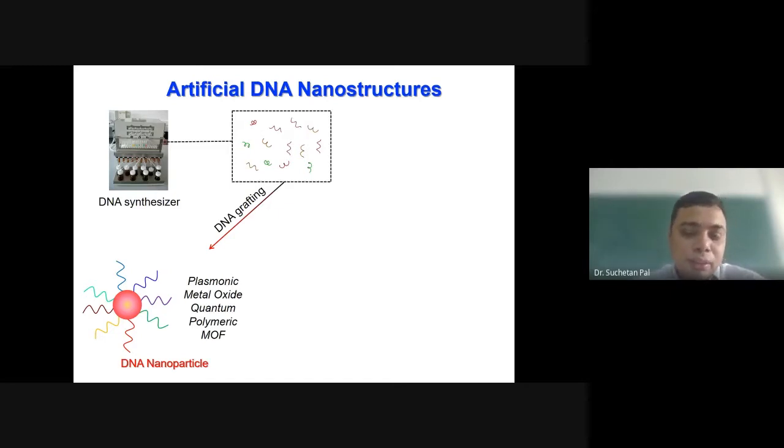Depending on the nanoparticle, you use different chemistry and graft the DNA on its surface, right? This is called a DNA nanoparticle. Classically, it was developed by Professor Chad Mirkin from Northwestern University.